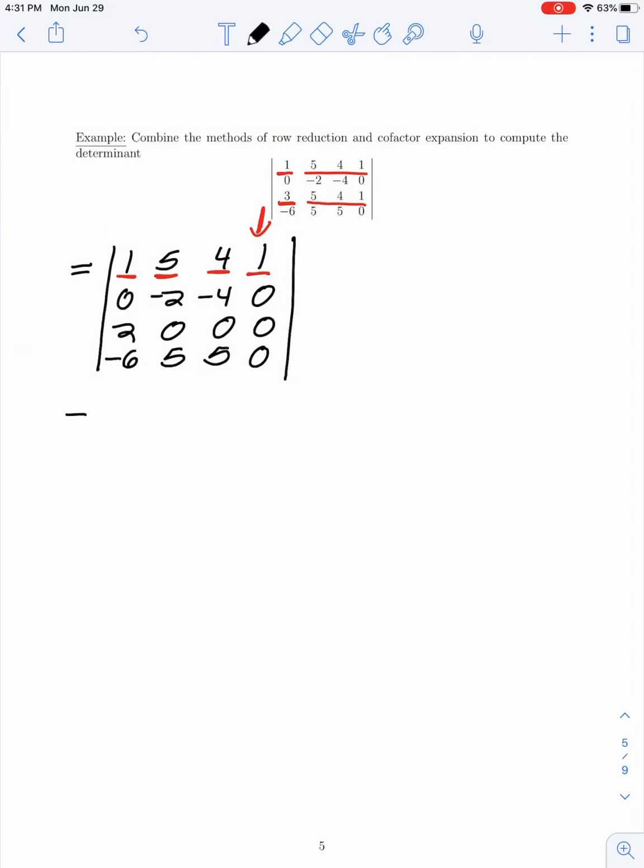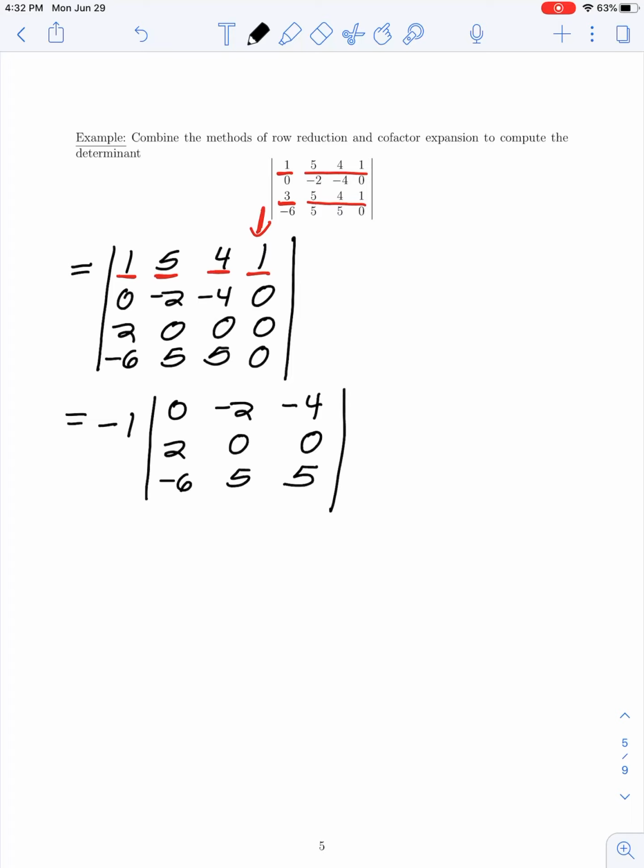So we would have for our cofactor expansion a negative 1 times the determinant of the 3 by 3 submatrix we get by deleting that row and column. So we're left with 0, -2, -4, 2, 0, 0, and -6, 5, 5.